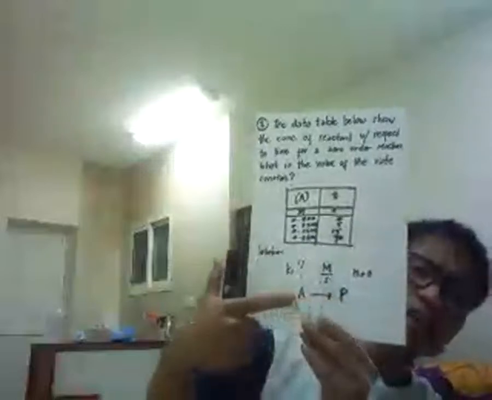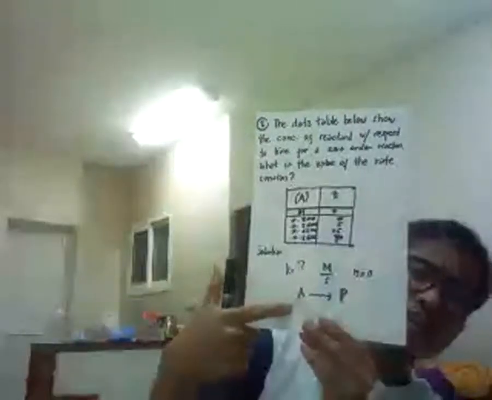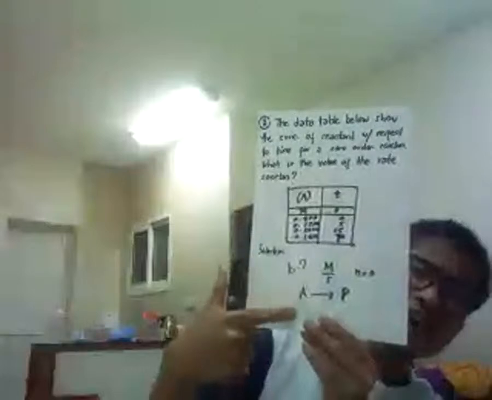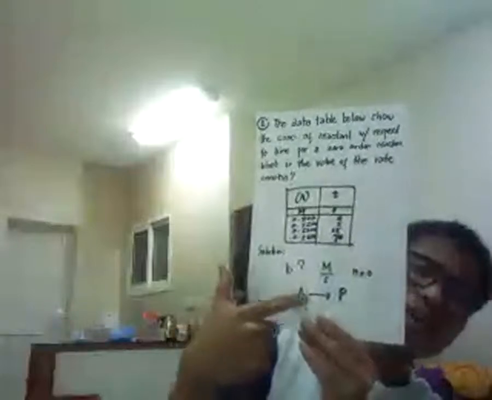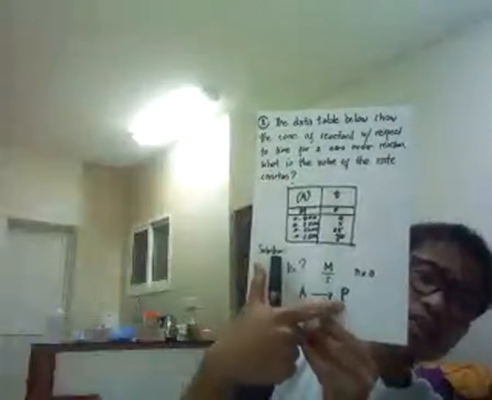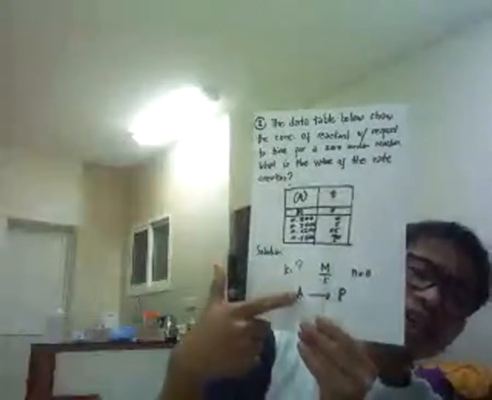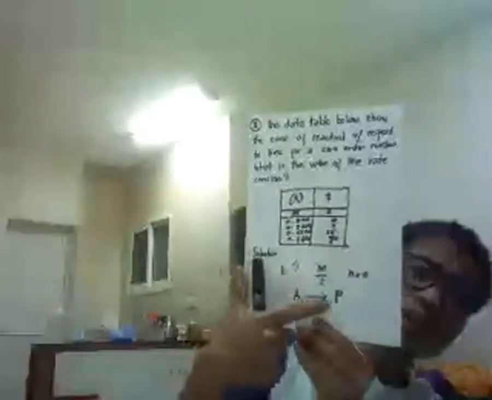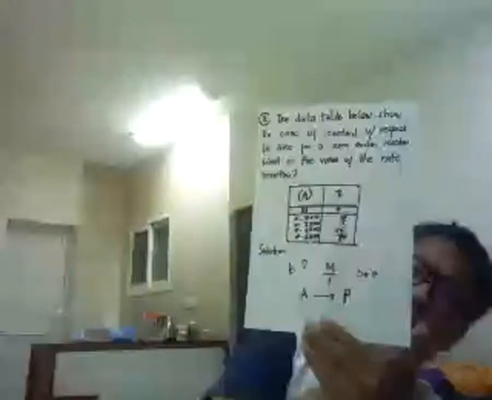The concentration of A is higher at the initial stage and it will become less during the chemical reaction. So it is final minus initial. If the concentration is high, it will become low somewhere in the chemical reaction.